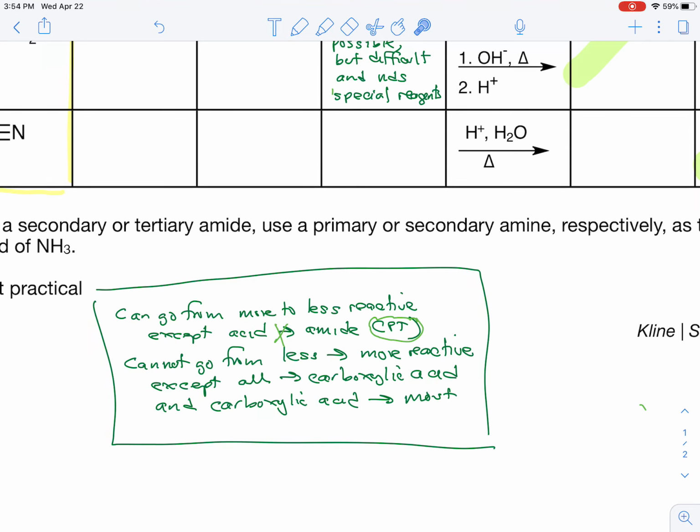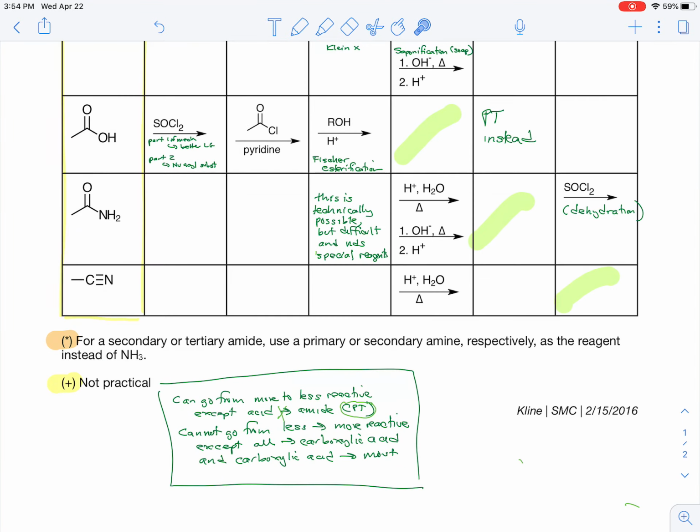Both the Klein text and the UCI lectures do a very good job of explaining the thermodynamics, complete with reaction coordinate diagrams, of why you can go from more to less and not less to more reactive. But in general, even with acid-base chemistry, you're always trying to go towards more neutral, less reactive.